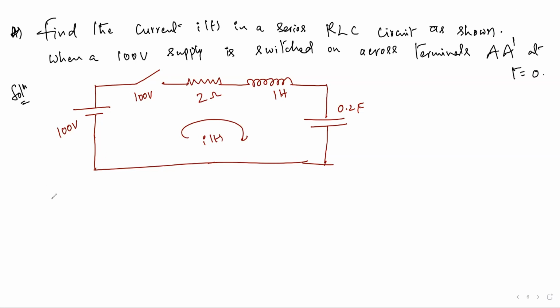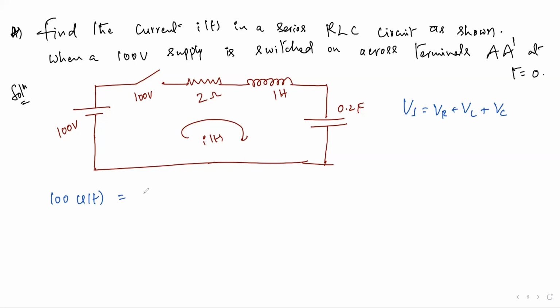So, when 100 volts is applied to the circuit after t is equal to 0, right? After t is equal to 0 means nothing but 100 multiplied by u of t, you can take from the signals point of view. That is equal to, supply voltage is nothing but resistor voltage plus inductor voltage plus capacitor voltage.